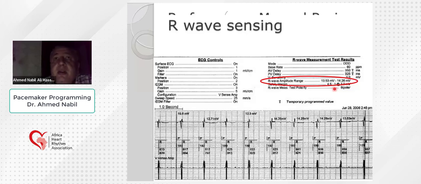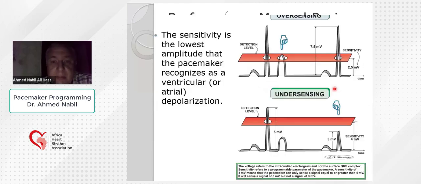And this means that the sensing function of the lead is good, and any waveform in the ventricle can be sensed properly. The sensitivity is very important to avoid these two problems.